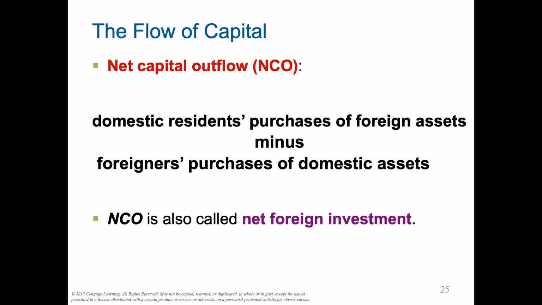So we're looking at what we in the United States purchase abroad in terms of assets, and this would be plants, factories, etc., minus foreigners' purchases of things that happen here in the United States, i.e. hotels, manufacturing plants, etc. NCO is called the net foreign investment, and is looking at the flow of capital.